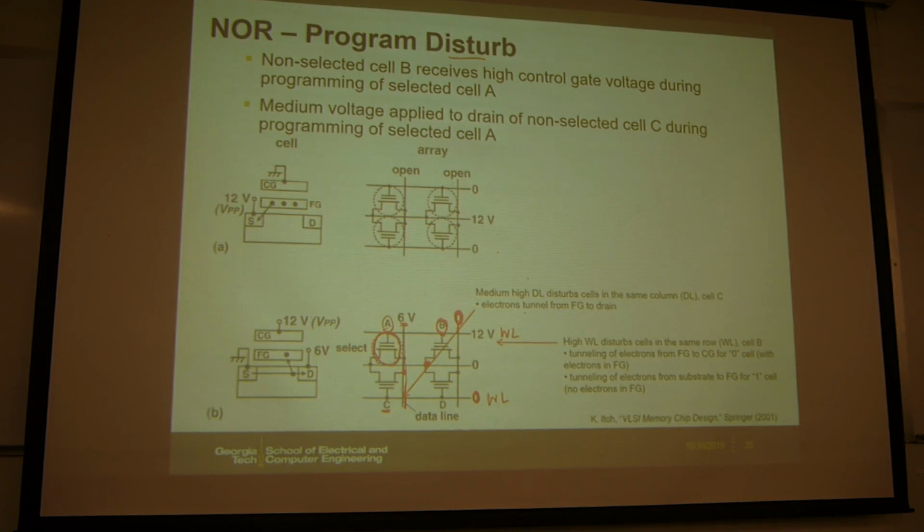By the way, for the flash transistor, in the erased state, typically the VTH is a negative voltage. So even though cell C's word line is 0, cell C is actually turned on. So cell C may be disturbed as well. Those are the program disturb problems for the NOR flash. And we will talk about more of those reliability issues later in more detail.